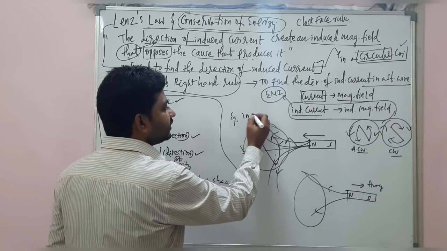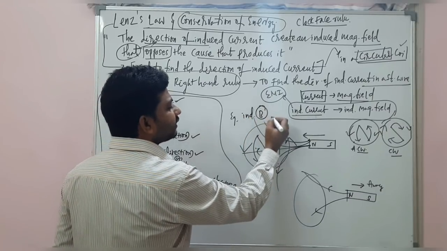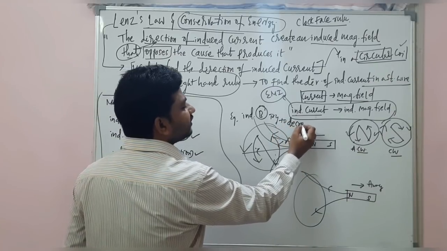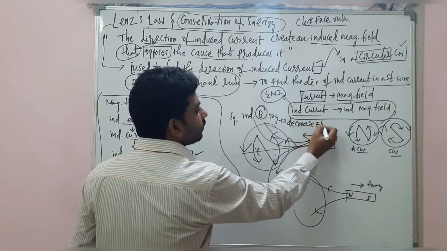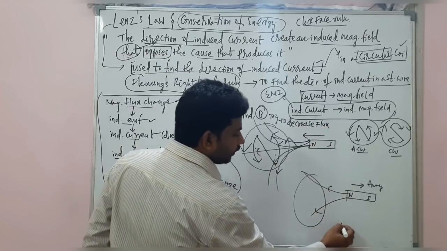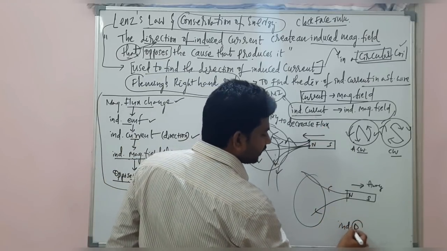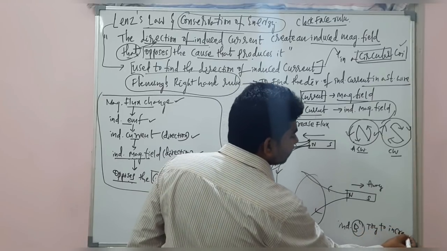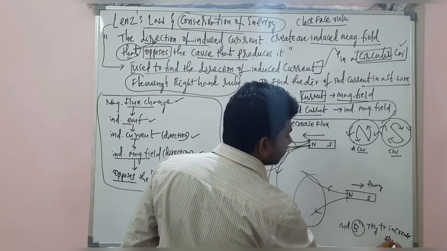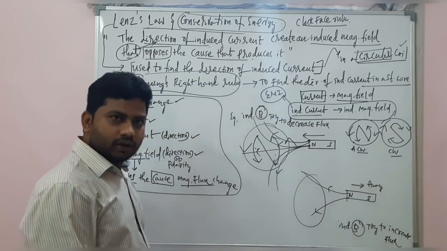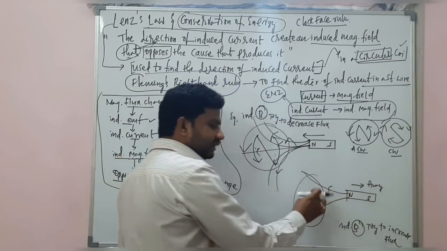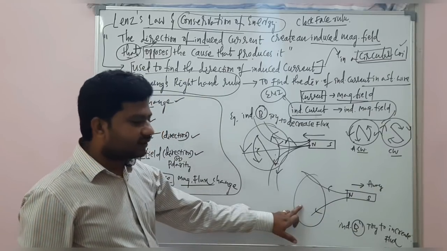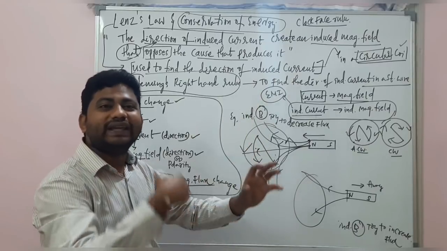I am writing here, in this case, induced magnetic field will try to decrease the flux. Here, induced magnetic field will try to increase the flux. Okay, increase the flux. So when it is moving away, the magnetic flux decreases, and this induced magnetic field will try to increase the flux.